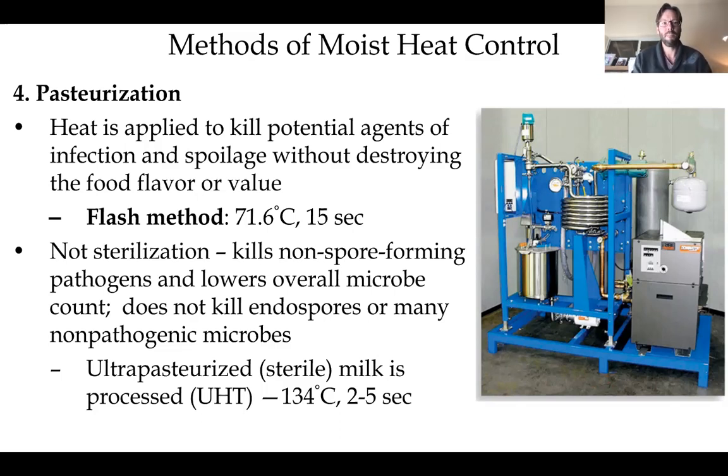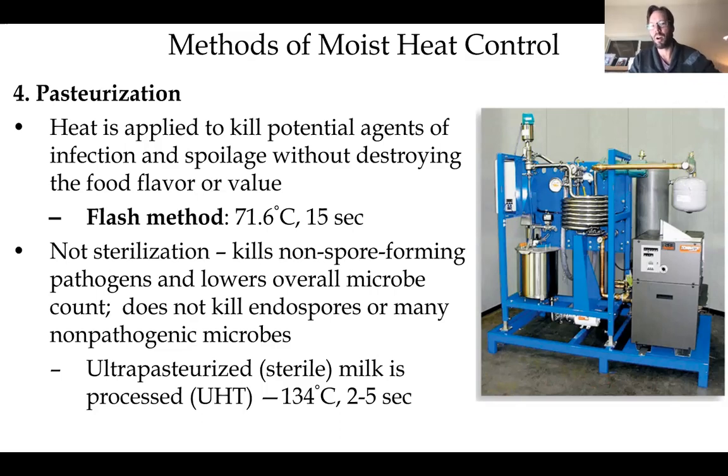Keep in mind, this doesn't kill endospores. So there is a process called ultra pasteurized, which you might see on certain products. That is when you take it to 134 degrees Celsius for 2 to 5 seconds. So we're going higher than autoclaving, but not for the same duration. I want you to know these different procedures.